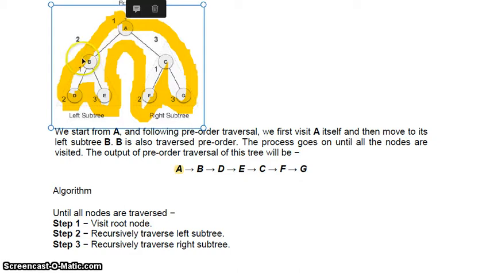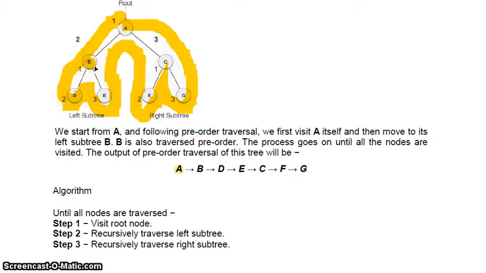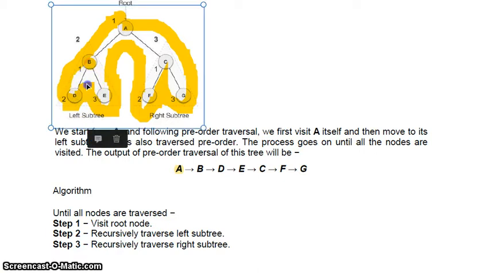The next comes B, next comes D, then it goes like this, then the next one is E, next it goes like this, next C comes to the left side, consider C, then F, then it goes like this, then G. G comes to the left side.